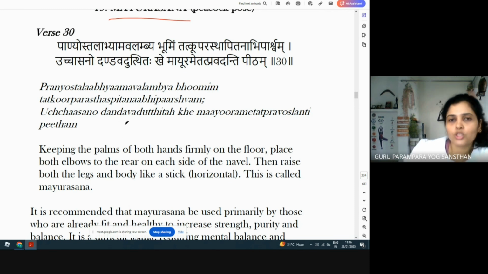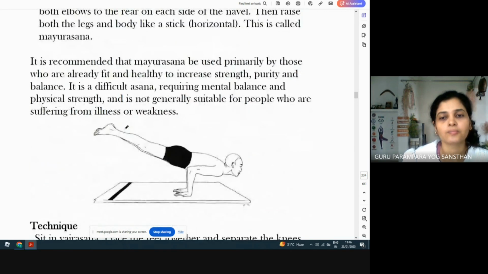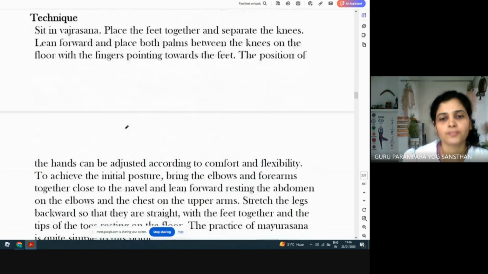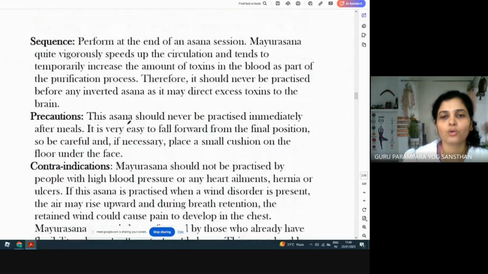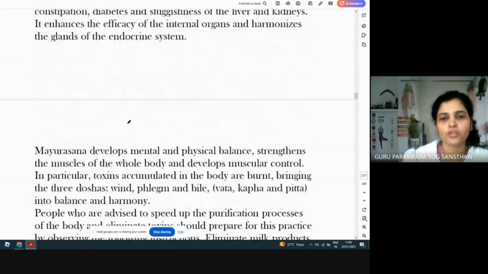Because the most pressure is coming on your core muscles, similarly you can understand that all abdominal diseases will be eradicated. In Gheranda Samhita, no benefits are given, only the explanation of the process.